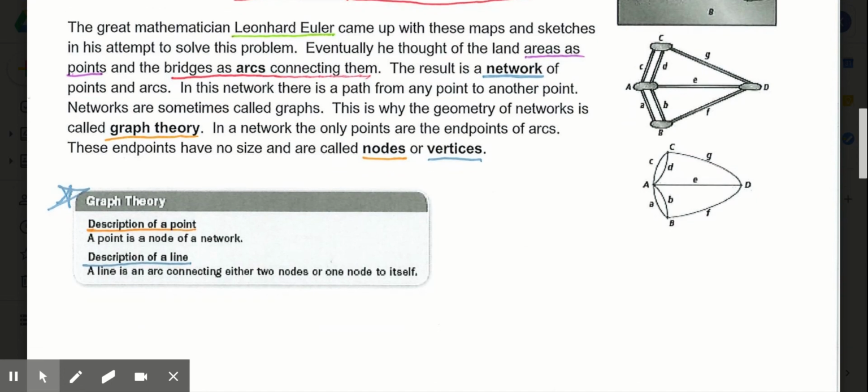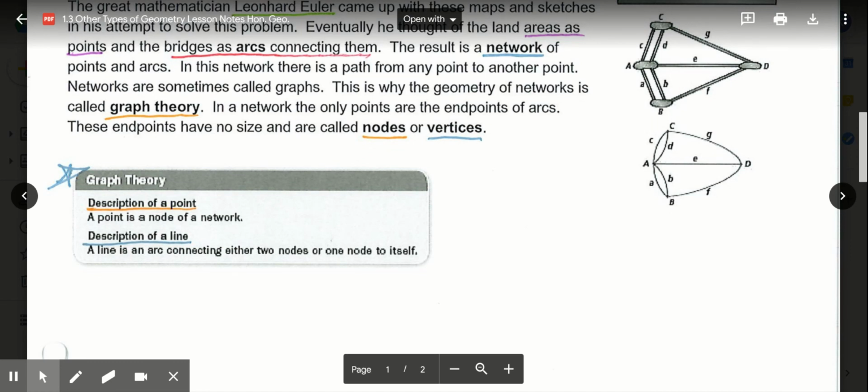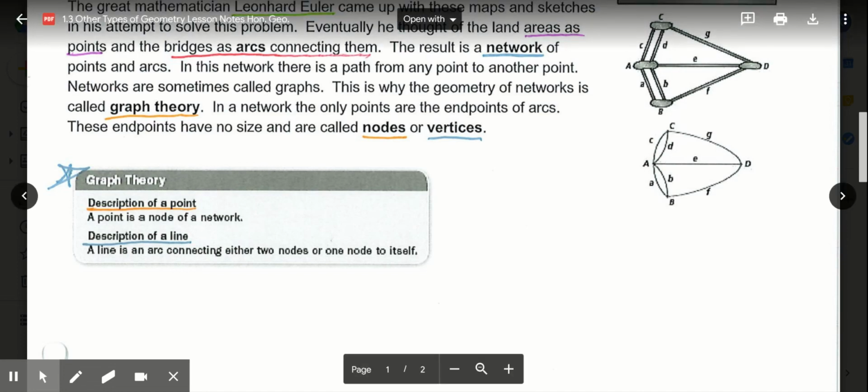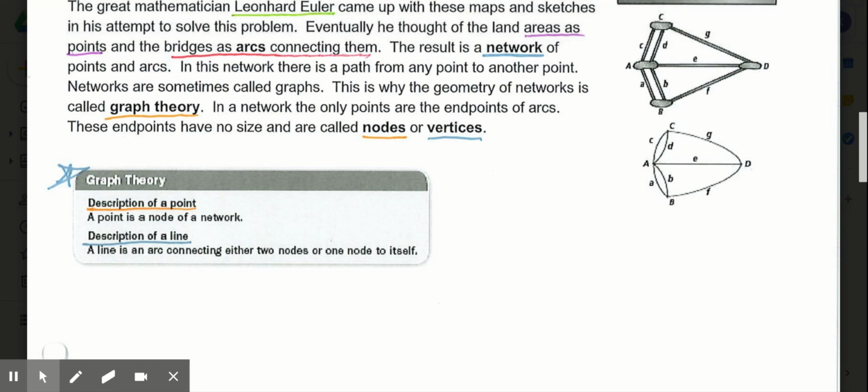So in graph theory, our description of a point is a node of a network. And our description of a line is an arc connecting either two nodes or one node to itself.